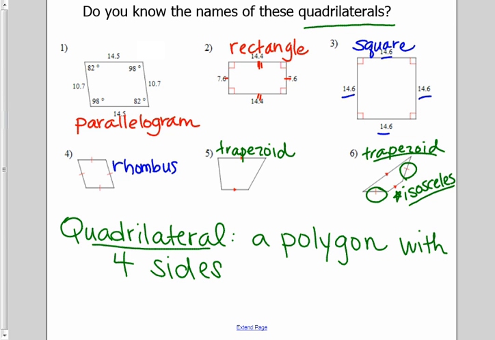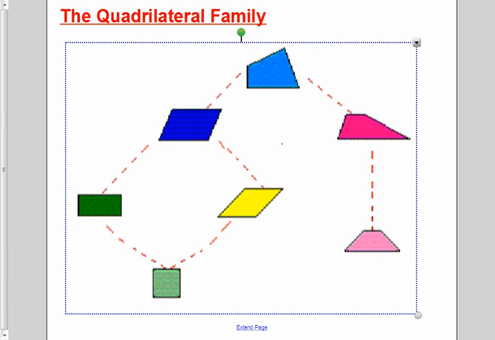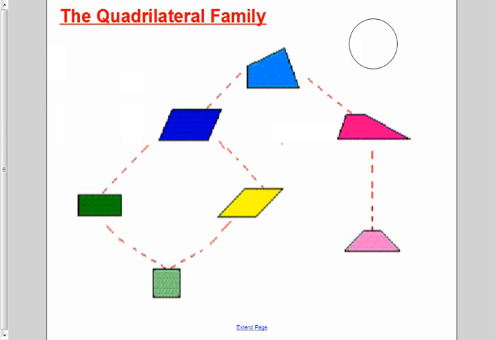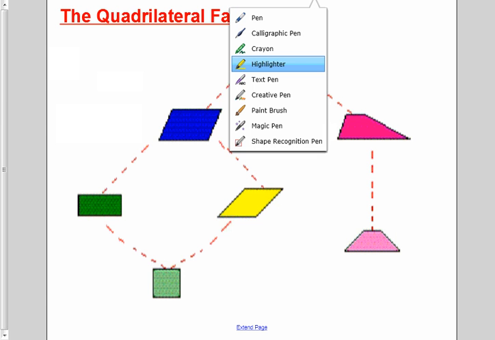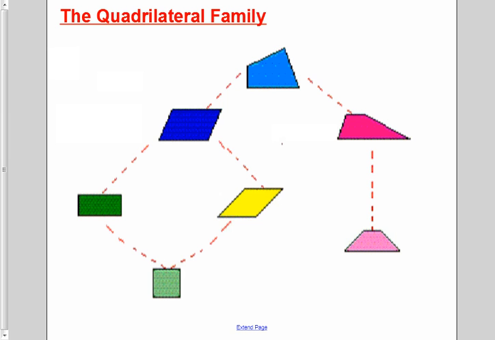Okay, so it was just a quick review to see if you guys knew what types of shapes these were. But these are all known as quadrilaterals. Okay, so this is the quadrilateral family we've got here. And in this quadrilateral family, we're going to start with the very top one that we see. And the very top one is like the grandmother of the family.